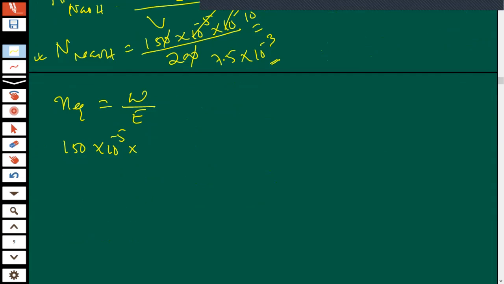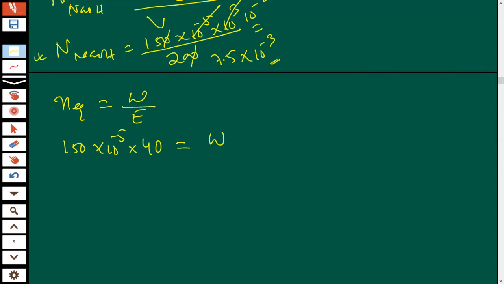It is 40, sir, that is the n-factor. 40 is equal to W. Solve it. 6 into 10 to the power minus 3.